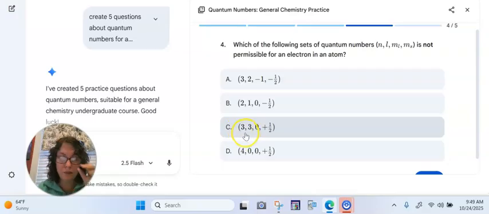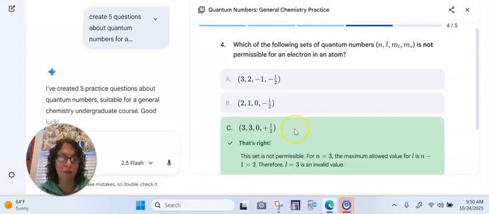All right, this one I see an issue with, but let's talk about it. If my n is equal to 3, then my allowed values of L go up to n minus 1. So my allowed values of L are 0, 1, and 2. This one has a problem. You have violated the allowed values of L. And guys, everything's based off of the number directly to its left.